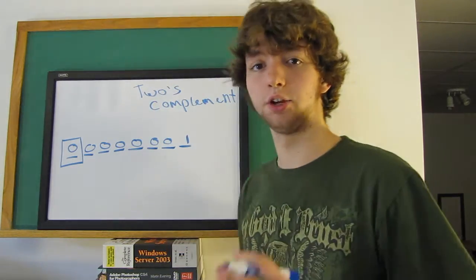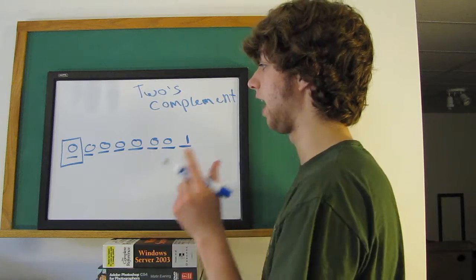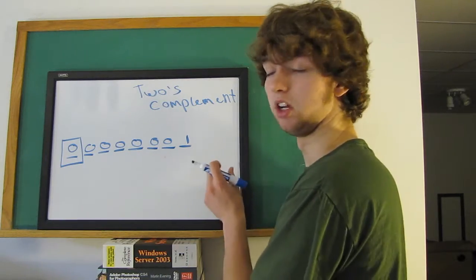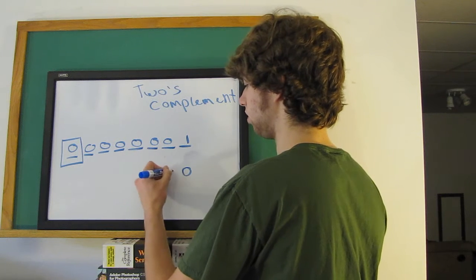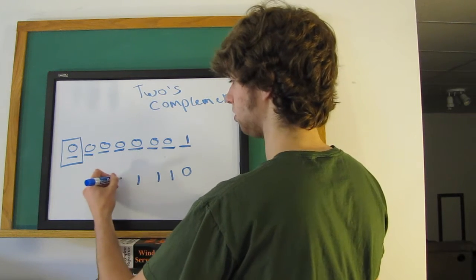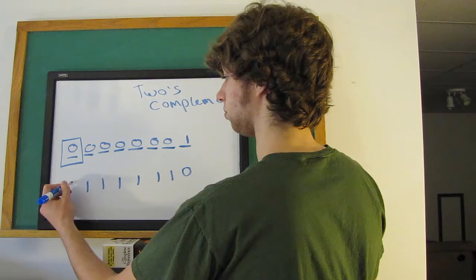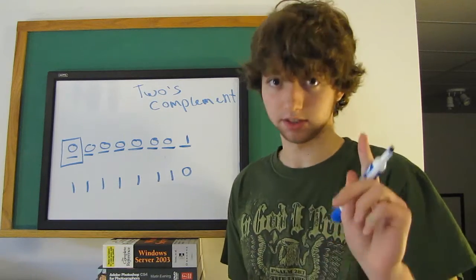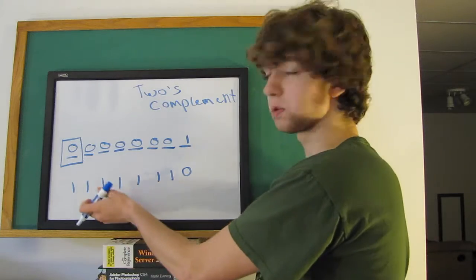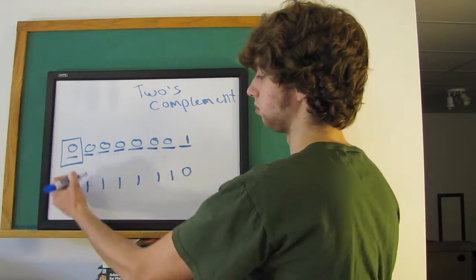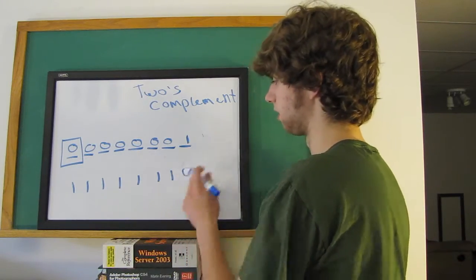And to do this, here's what we do. We invert every single bit within this bit word. So now we get 0, 1, 1, 1, 1, 1, 1, 1. That's the first step: invert every single digit. All the zeros become 1s, and 1s become zeros.